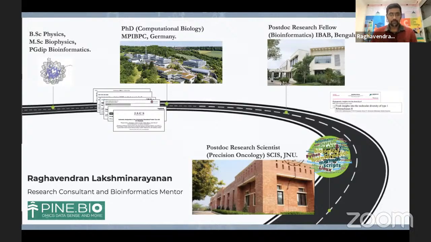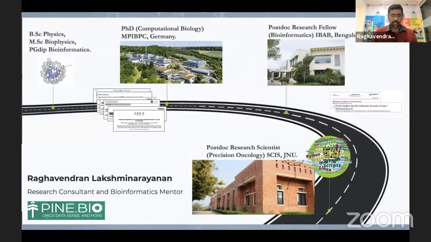After my master's, I joined a PhD at the Max Planck Institute for Biophysical Chemistry with a specialization in computational biology. During this tenure, I developed software and designed many methodologies and pipelines for protein structural and dynamic studies. My system of interest during the PhD period was proteins associated with neurodegenerative diseases.